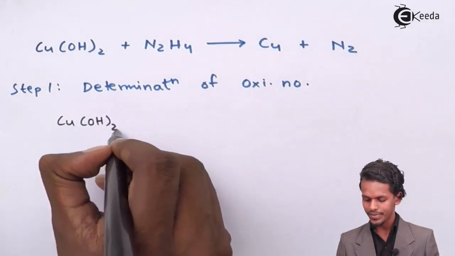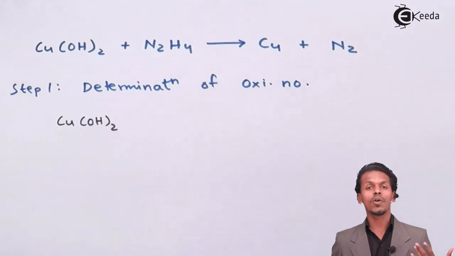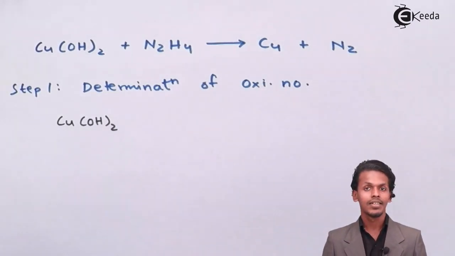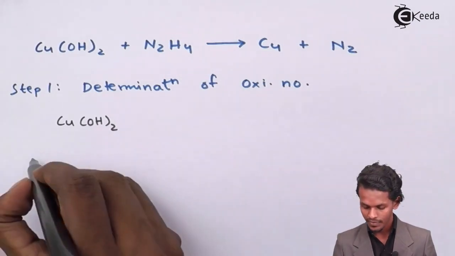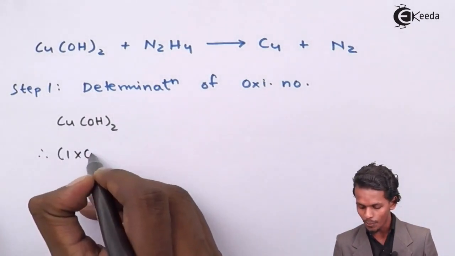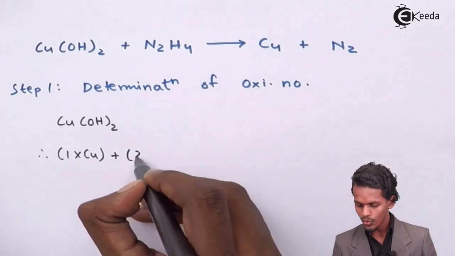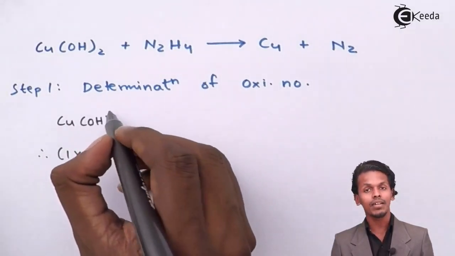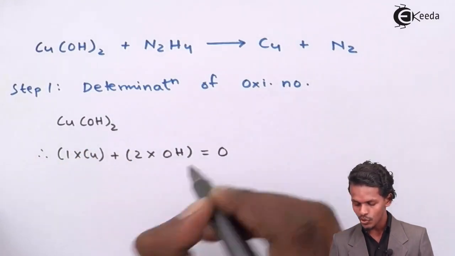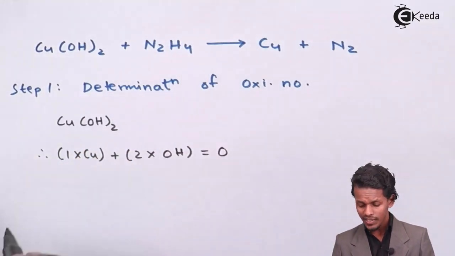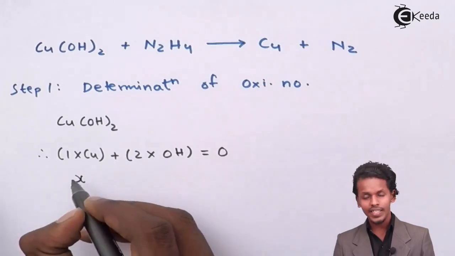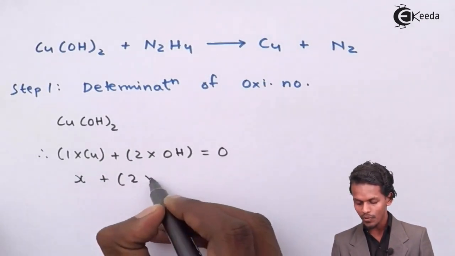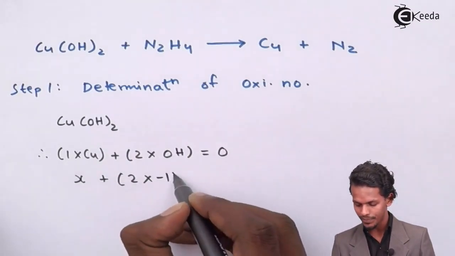When I talk about the first reactant, in this case the first reactant is Cu(OH)2. In this, the oxidation number of copper is not known to us, so I could write the oxidation number this way: 1 times copper plus 2 times OH minus ion, which will give an ultimate oxidation number of 0. I have considered the oxidation number of copper as x, while the oxidation number of OH minus is found to be -1.